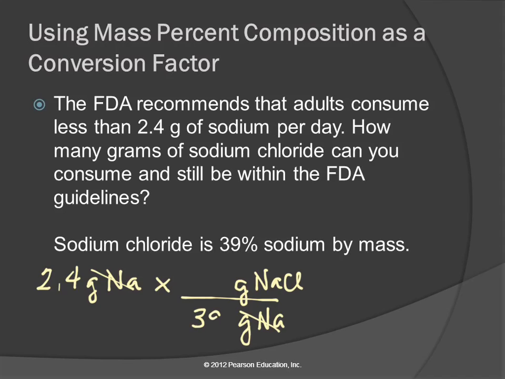So 39 grams of sodium per 100 grams of sodium chloride. 2.4 times 100 divided by 39 equals 6.2. 2 sig figs. 6.2 grams of sodium chloride.